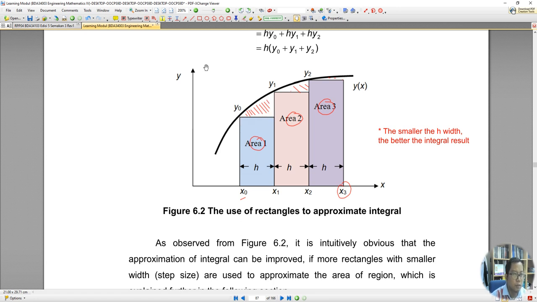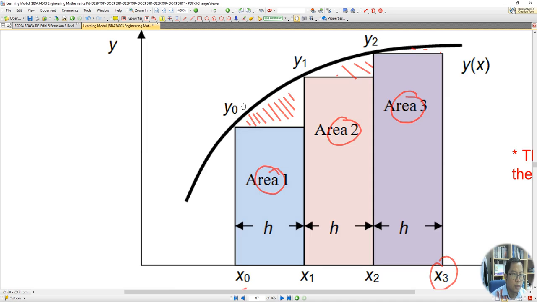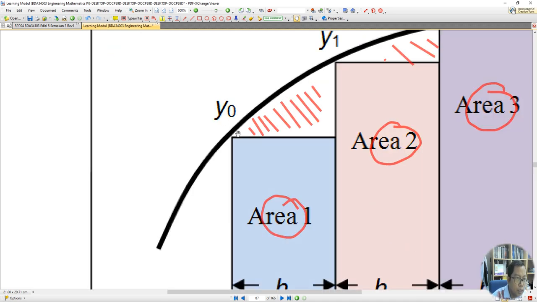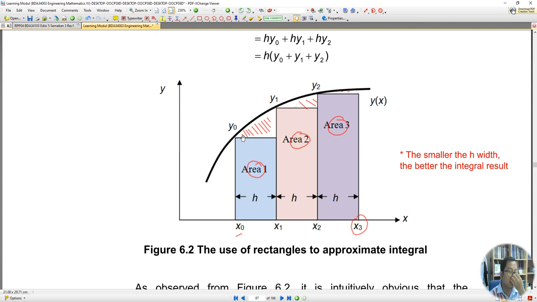If you zoom in and make the rectangles very small, it means the number n, the total number of rectangles, is increased.